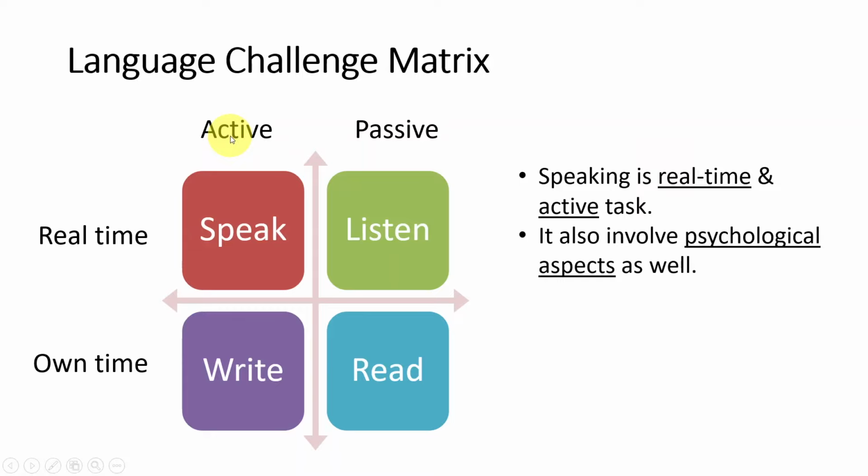So therefore, I wouldn't say the hardest, I would say the most challenging. But when it comes to speaking and writing, there's a positive point as well. When we are speaking, when we are writing, we are in control. The choice of words is with us, the choice of grammar rules is with us.